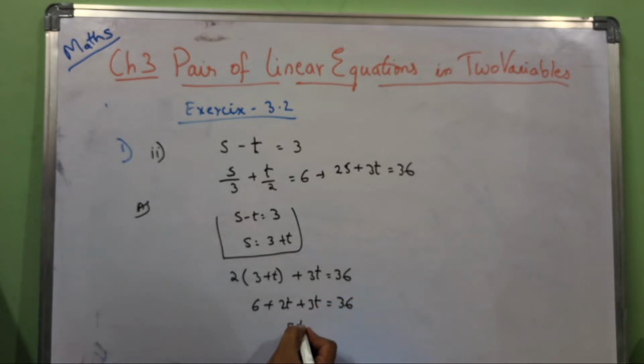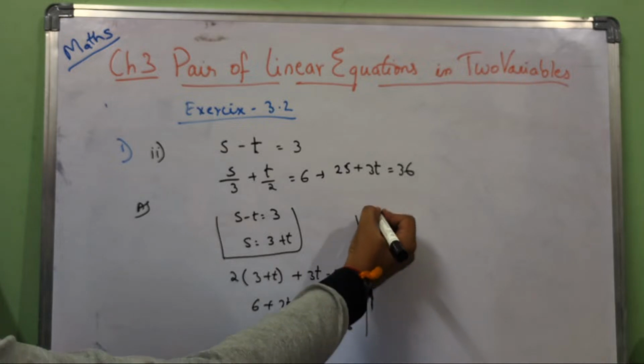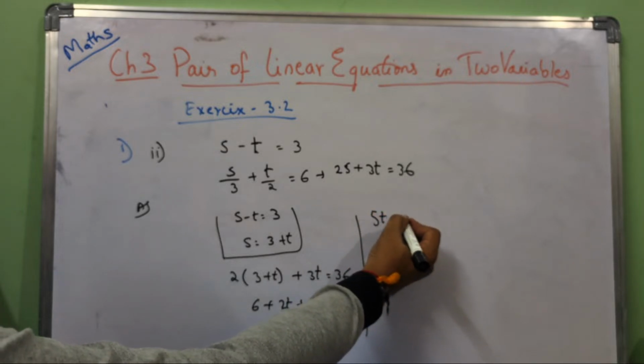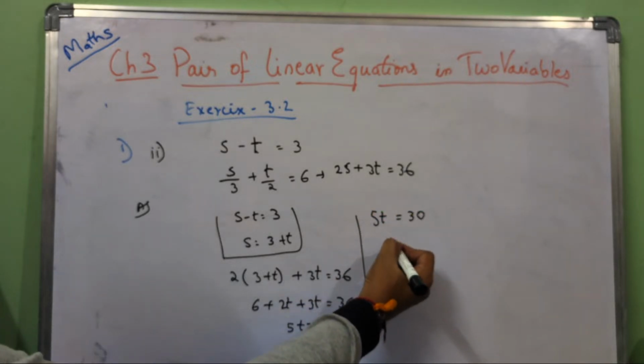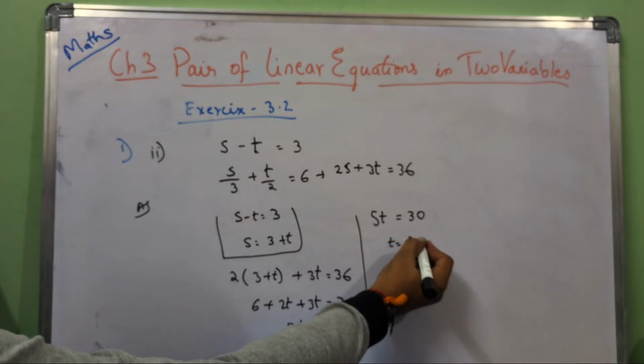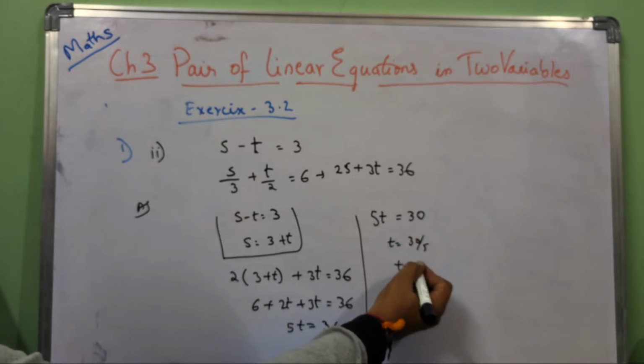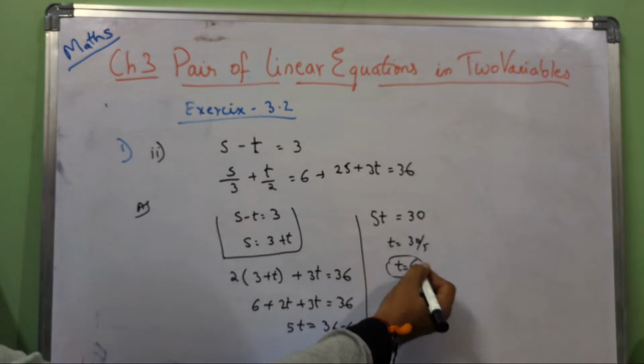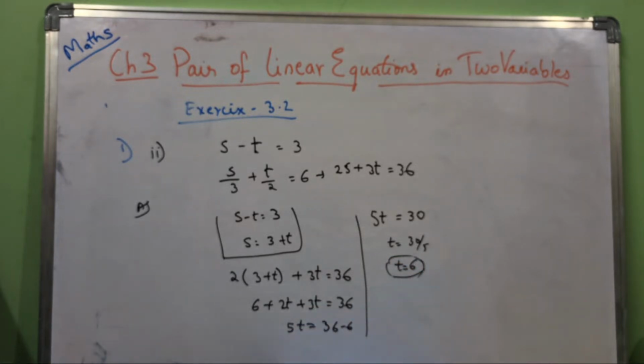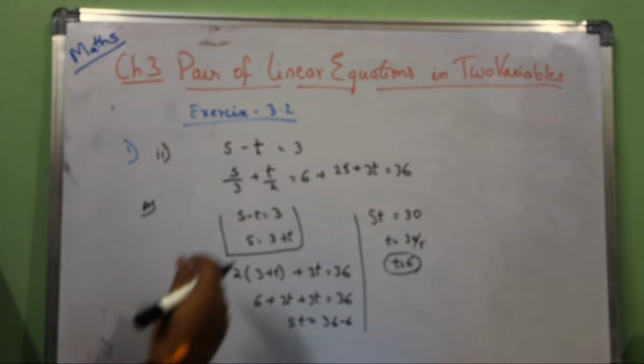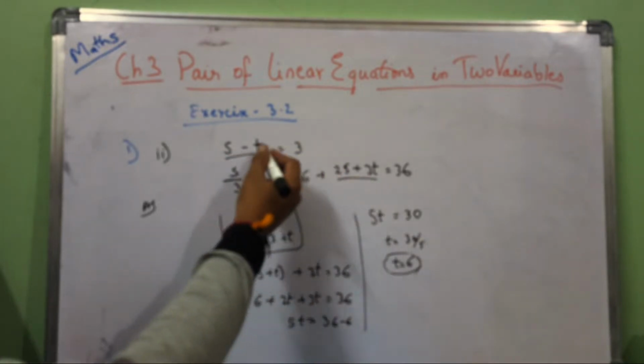And if you move 6 to the right side, it becomes minus 6. So 5t becomes 36 minus 6, which is 30. So t becomes 30 by 5. So the t value is 6. We got one value. Let's go to the first equation again to get the s value, because as I mentioned, when you compare these two, the first is much easier.